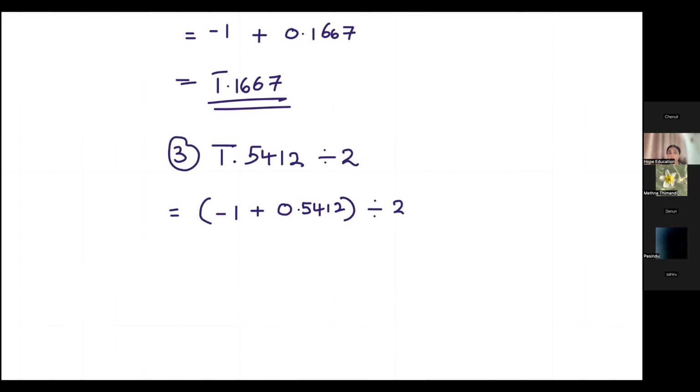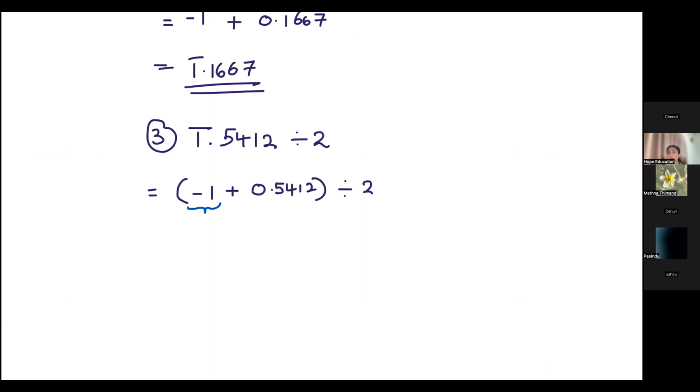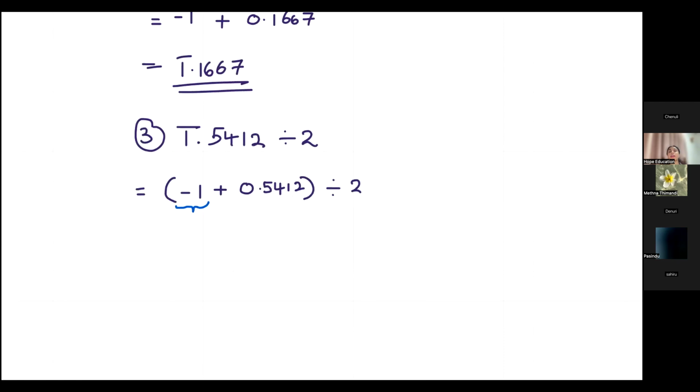Now here I have minus 1. The number nearest to minus 1 that is divisible by 2, in the negative direction, is minus 2, right?